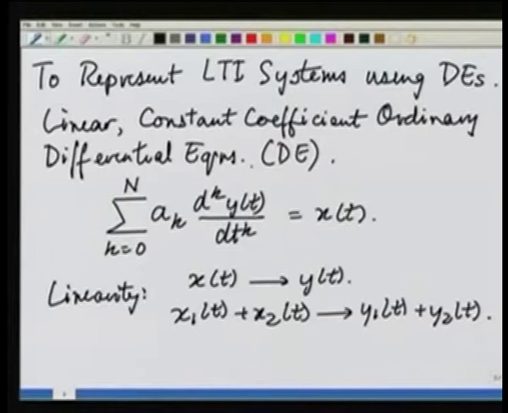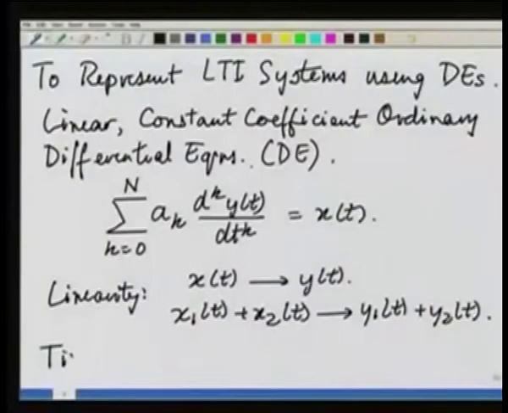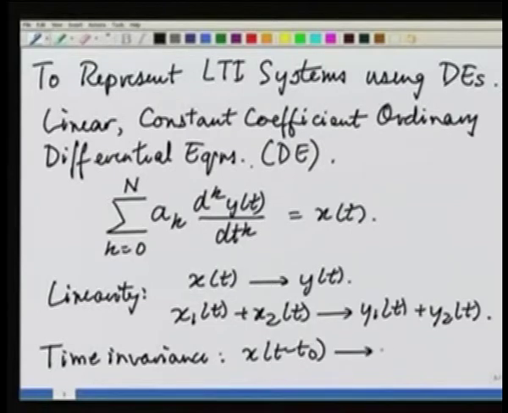More importantly, these differential equations have a very interesting property, and that is that if you time shift the input, the output will also get time shifted. If x(t) goes to y(t), then by what we can call the time invariance property, if you apply x(t minus t0), then you will have a solution y(t minus t0).